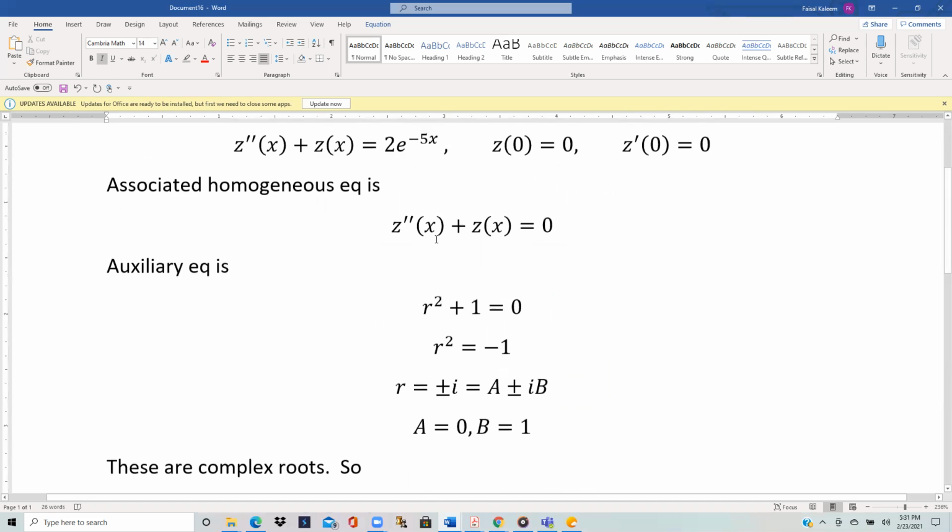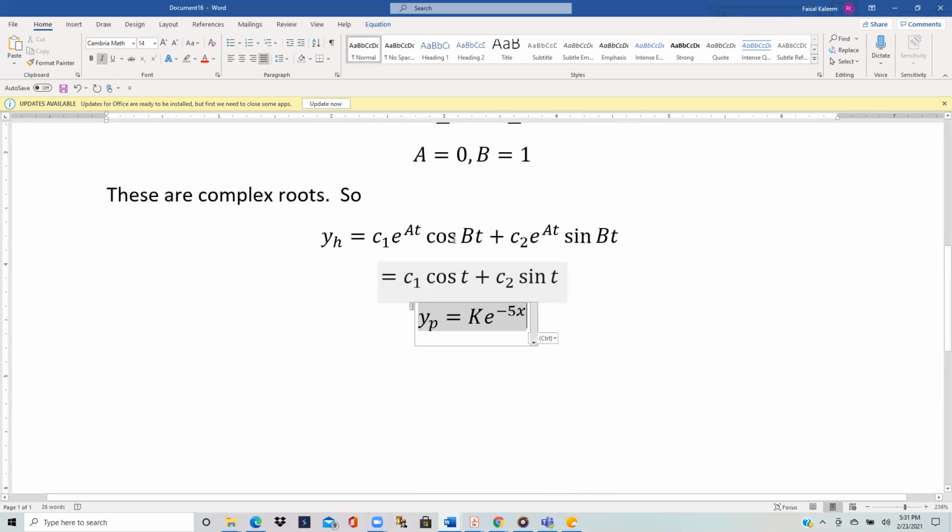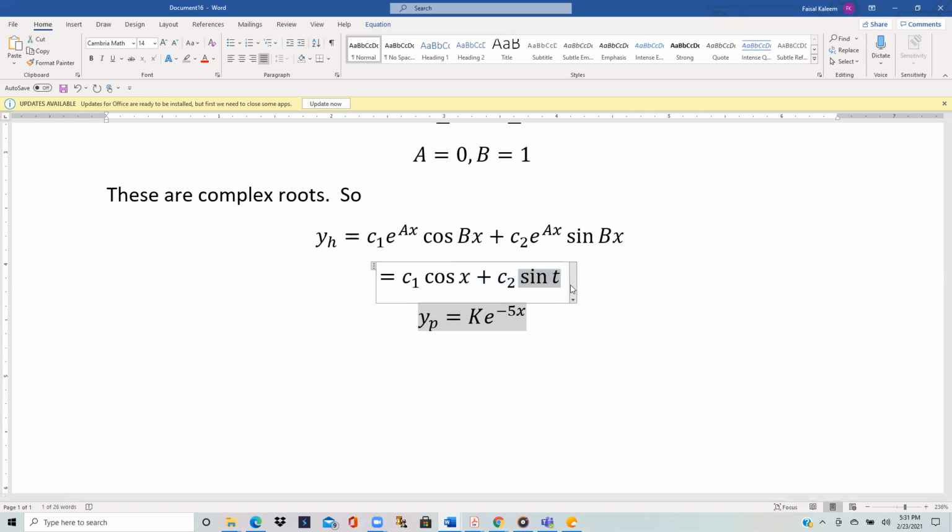Actually, in this case, since it's all x, this will not be t, but it would be x. So c1 cos x plus c2 sin x. And therefore, we don't need to multiply by any x or its powers to adjust the particular solution.